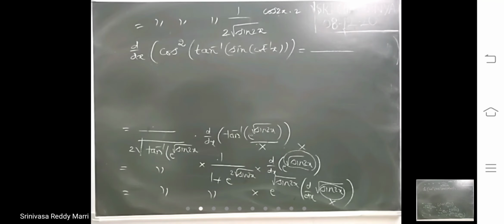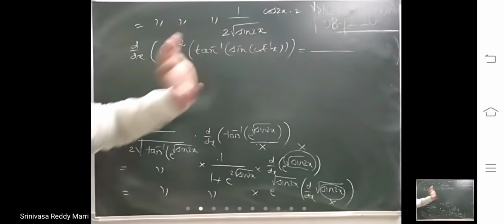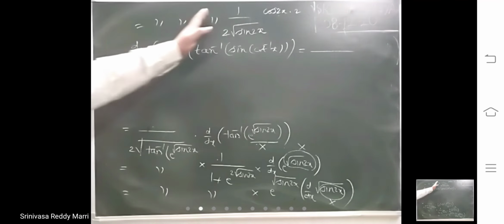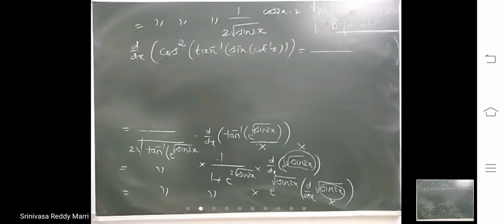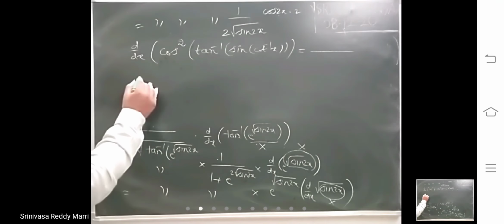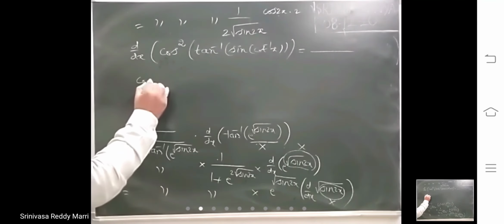Look at this. In some cases, inverse functions will be like this, so don't write the derivative directly. First you have to simplify this expression and then finally take the derivative. So look.